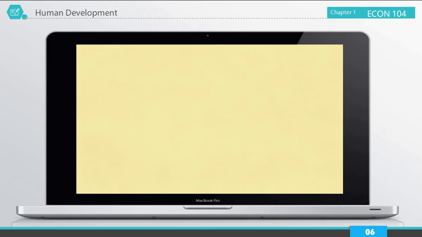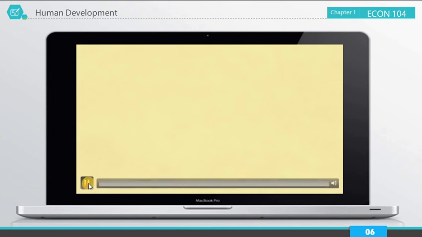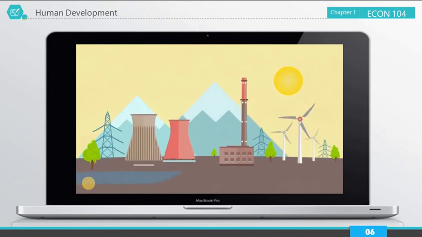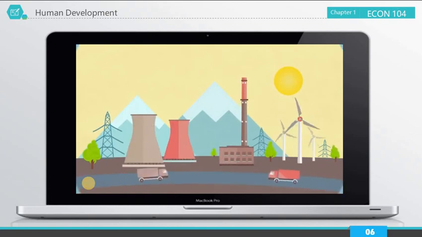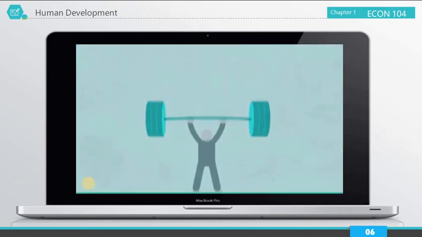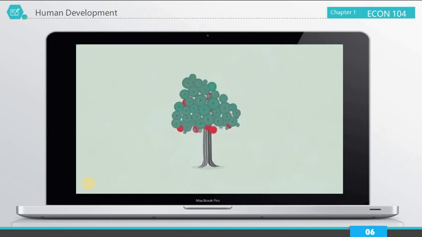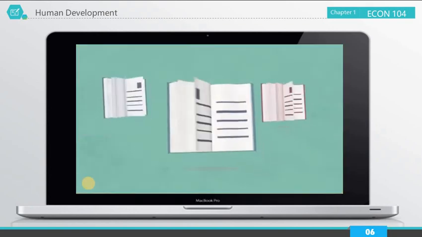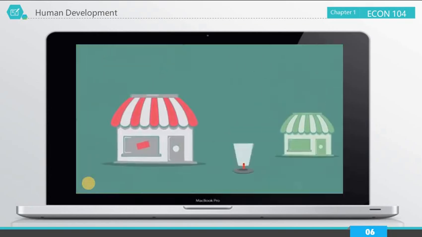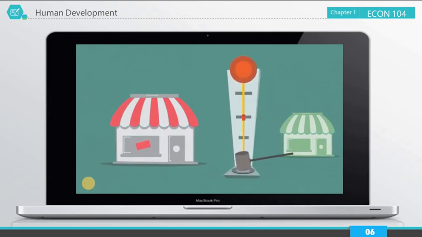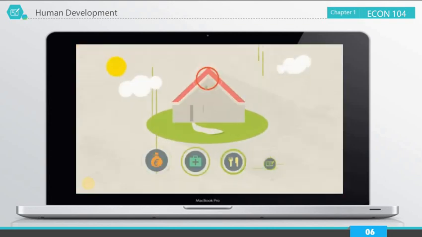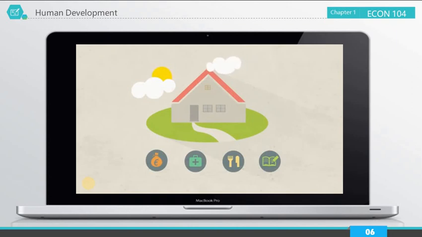Alright, so here we have our review about human development. Human development is a concept of development that has to do with the creation and improving of living conditions, where people can develop their full potential, can have a long and healthy life, can have access to an appropriate education system, and be productive in order to have the opportunity to live according to their needs and interests.